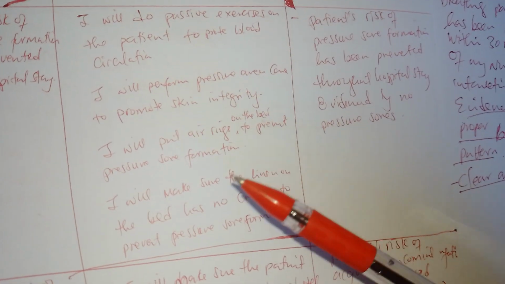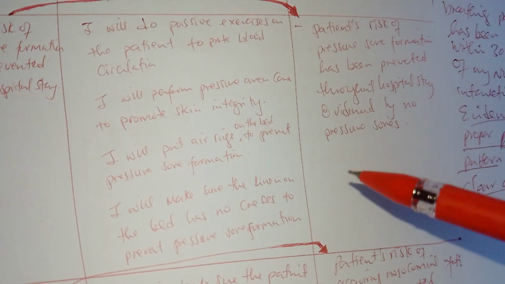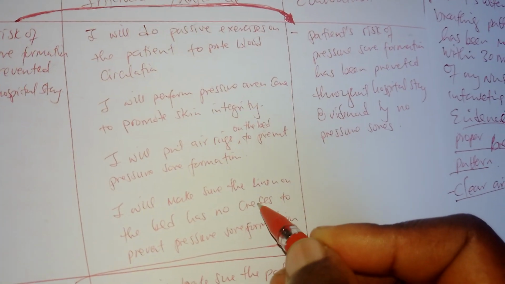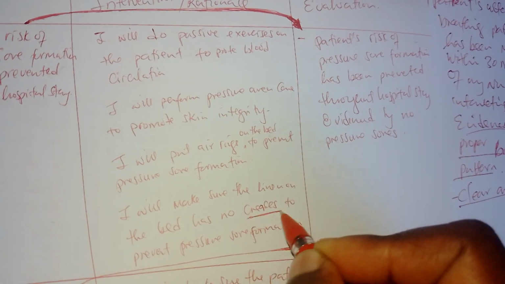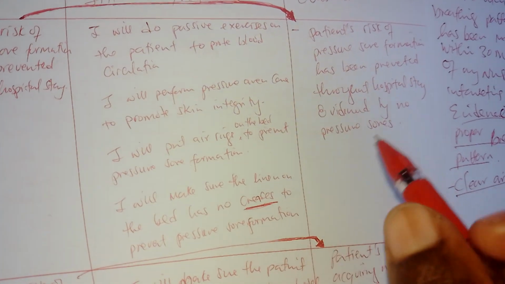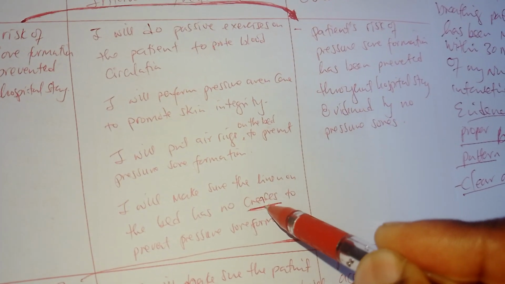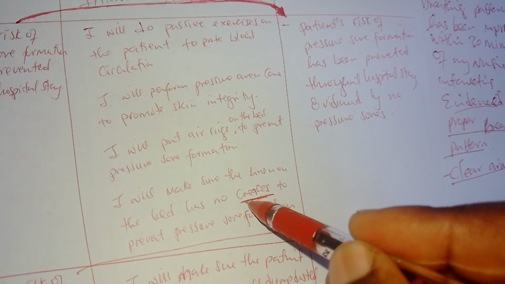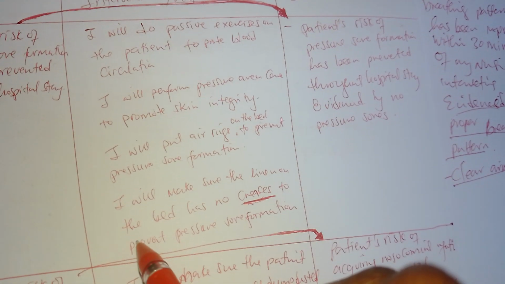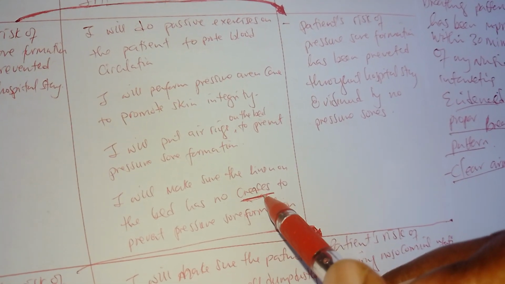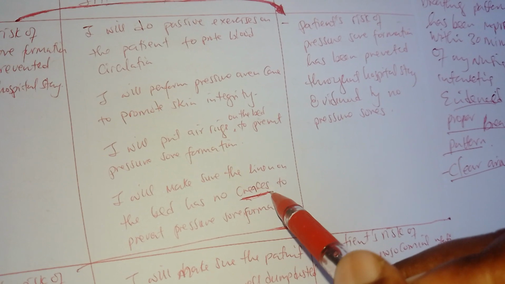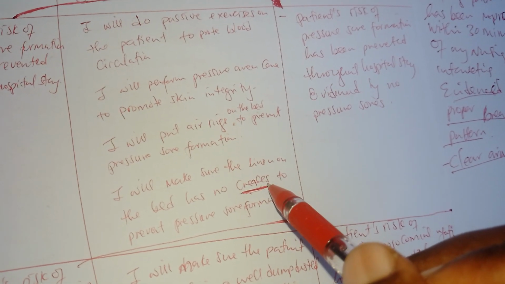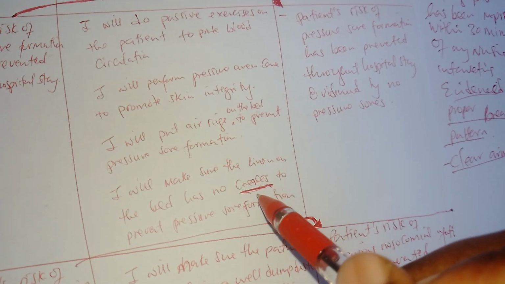These creases are like wrinkles, and they can cause problems with the skin, can cause skin integrity to be impaired. So you need to make sure that the bed linen doesn't have any creases or wrinkles. Another point you can add is to make sure the linen is tucked in with mitered corners to prevent creases.